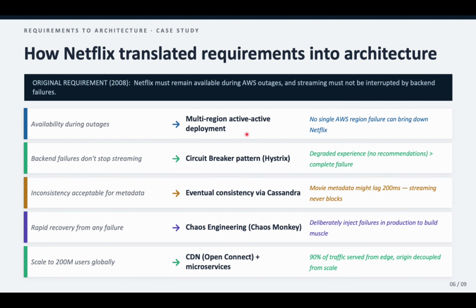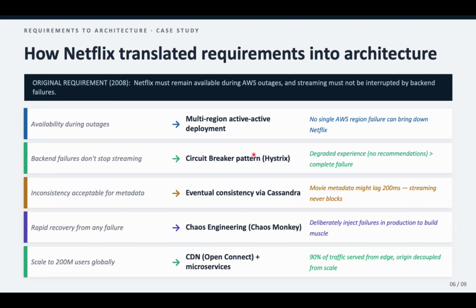Now let me show you the translation framework in action on one of the most studied architecture transformations in the history of the software industry. And this is Netflix 2008. They have just committed to moving everything to Amazon Web Services. And then someone in the leadership asks, what happens when AWS has an outage?